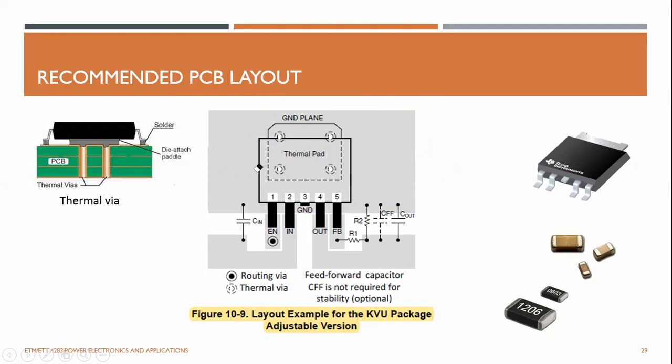Also, it will give some thermal relief when you're soldering the device to this pad, right? So if you don't manage the thermal behavior or the heat dissipation of this device, the LDO will heat up. If it heats up to the maximum value, if the internal die temperature increases, the LDO will fail.